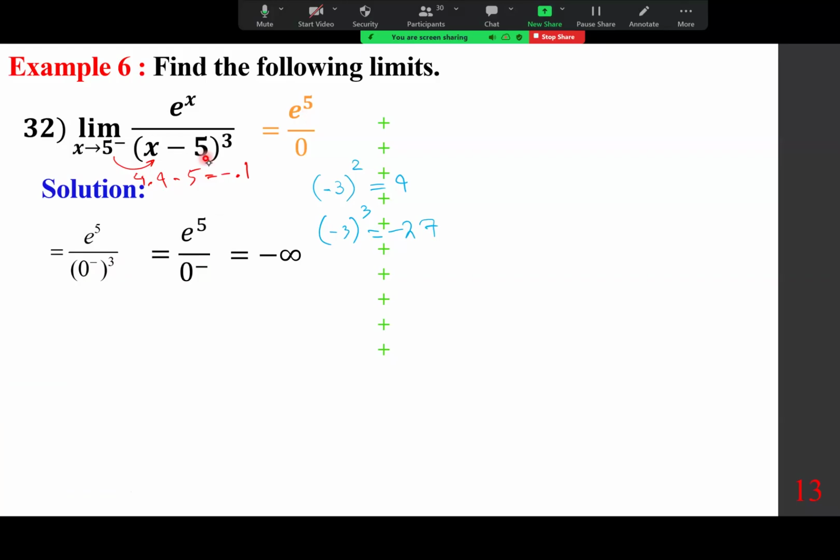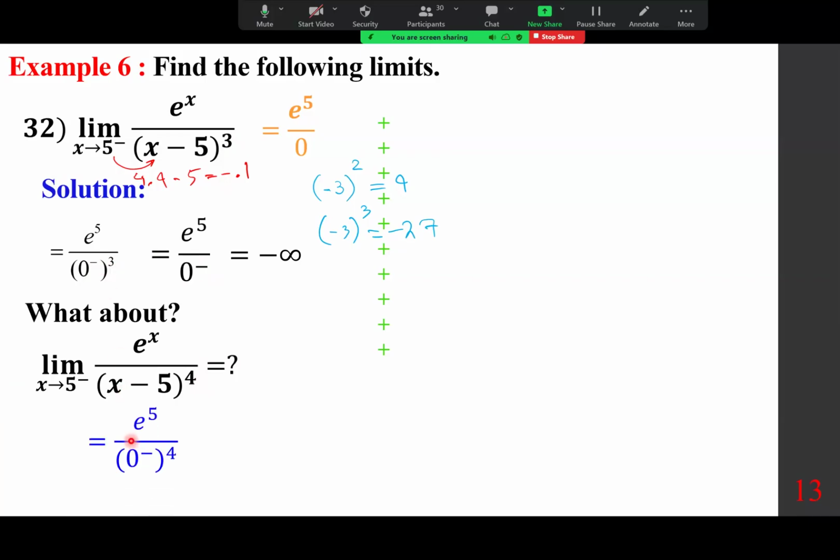To explain this further, I'm going to get the same question, and I'm going to change this exponent to some other exponent. However, this is odd, this is even. So we have the same thing with the even power of 4.